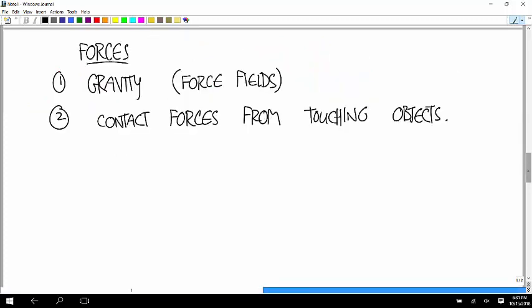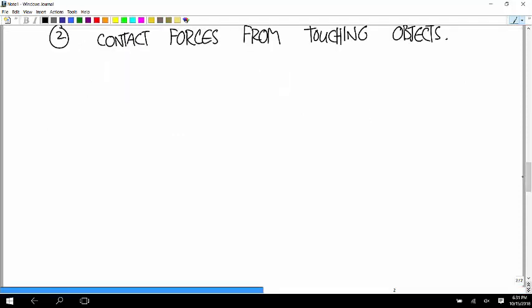Okay, so let's start talking about the different kinds of forces, what kind of force vectors are applied. So first, let's deal with the weight force. And weight is the force applied by gravity.